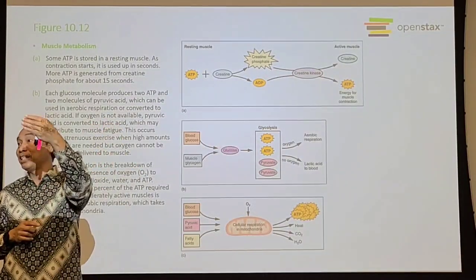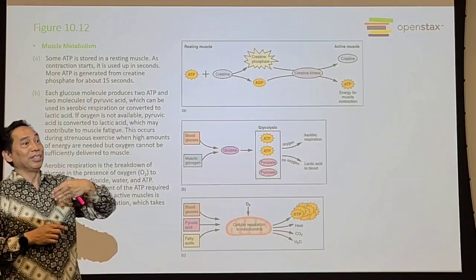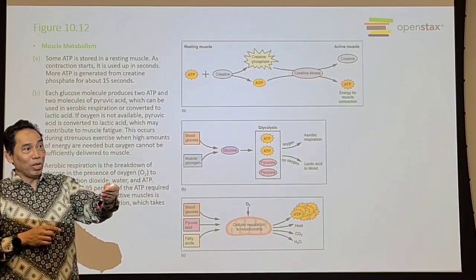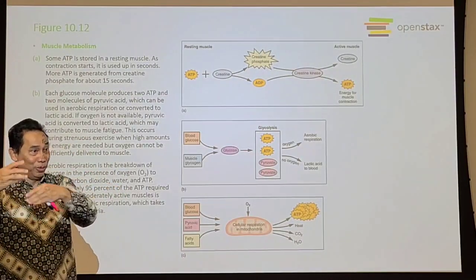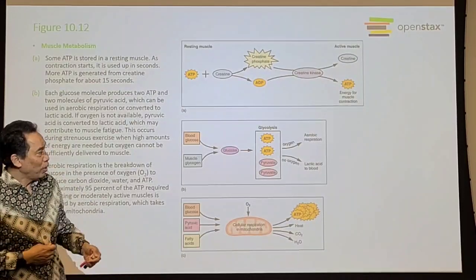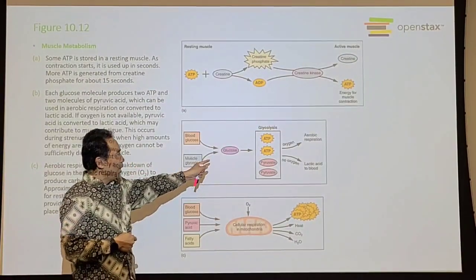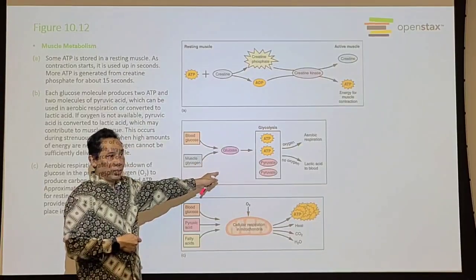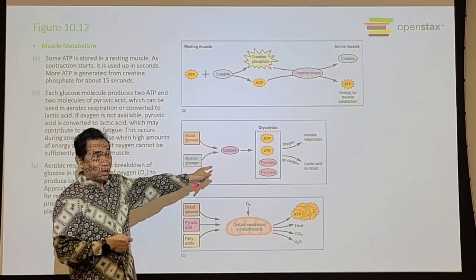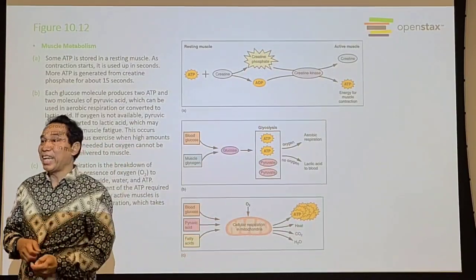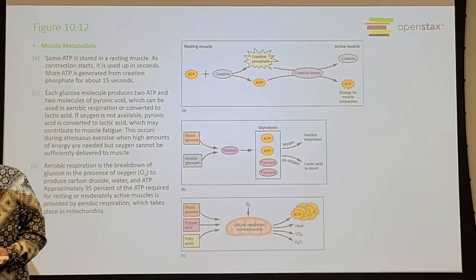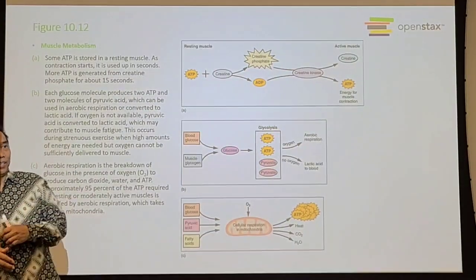It will be digested in our digestive system and changed into glucose. So millions of glucose will be entering into our cells. Some of them will enter into the muscle cell. Glucose.